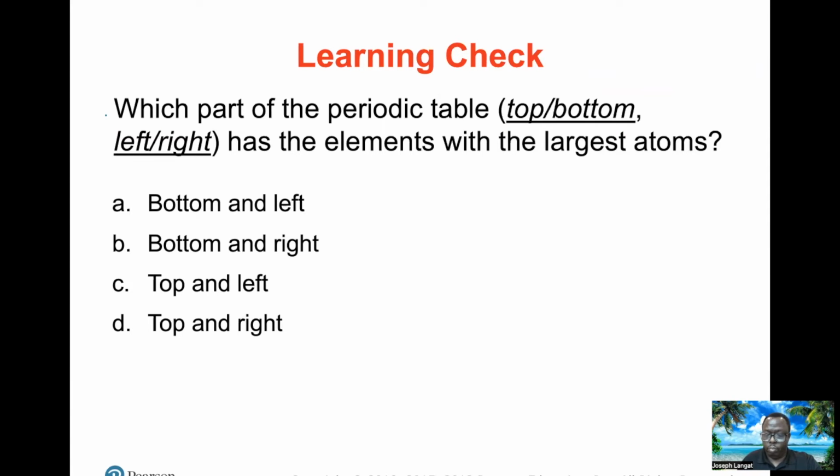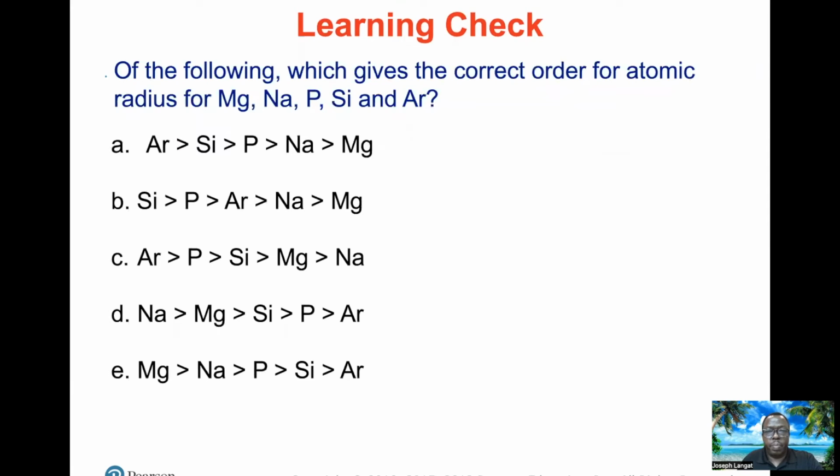In the exam, you'll just be given the regular periodic table, and a question such as the one you see on the screen: which gives the correct order for atomic radius for magnesium, sodium, phosphorus, silicon, and argon? Which gives the correct order? That means from the least to the greatest.